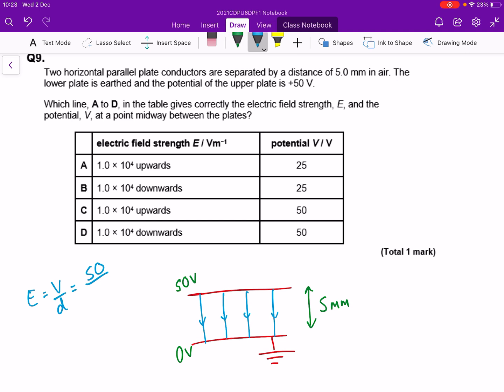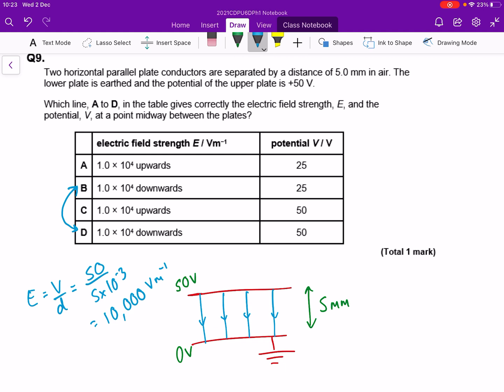The distance is 5 times 10 to the minus 3. So 50 over 5 times 10 to the minus 3 is 10,000 volts per meter. It's going to be downwards, isn't it? They're all 10,000. So it's got to be B or D, because the electric field is going to point downwards.